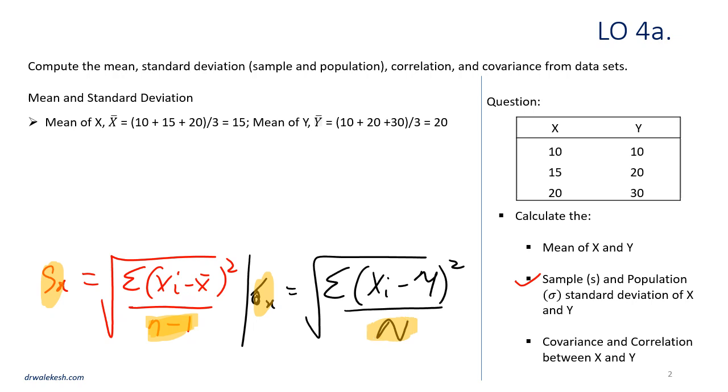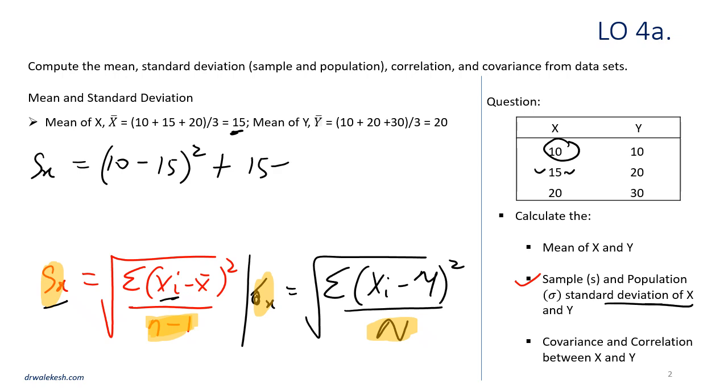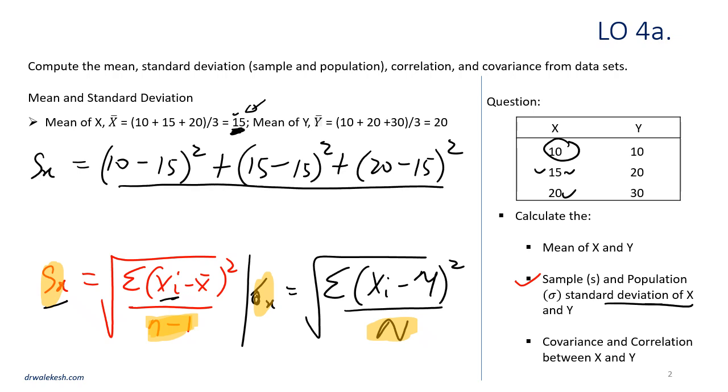So to compute sample standard deviation of x, it would be x1, which is 10 here, minus x bar, which is 15, squared, then plus 15, the 15 is coming from here, minus the mean, which is 15, squared, then plus 20 minus the mean, squared, all divided by n minus 1.